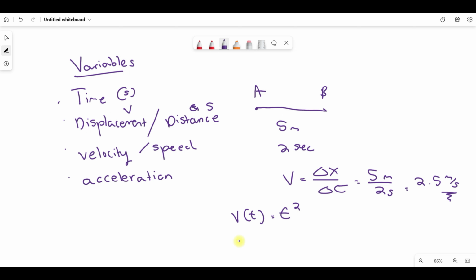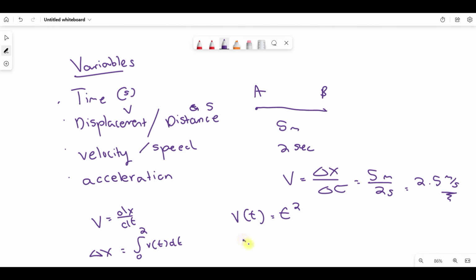Then if they ask you to find the expression for the displacement, you know that if v equals dx/dt, then a better way to say it, your change in x would be the integral of v of t dt from time t equals 0 to time t equals 2, for example. Let's say they wanted to say, how far did you go in the first 2 seconds?